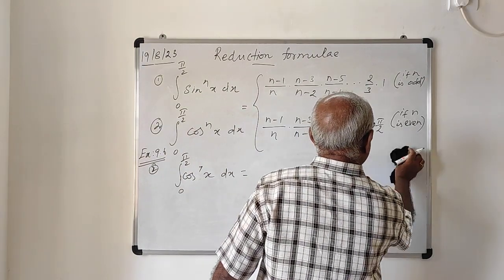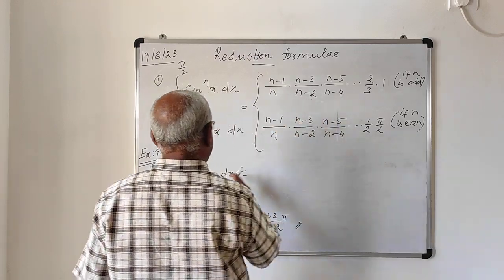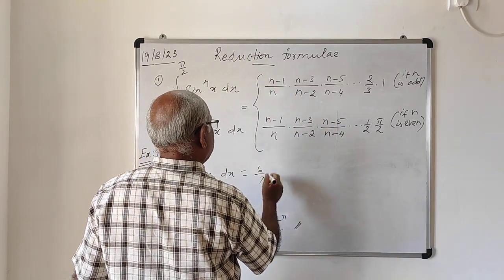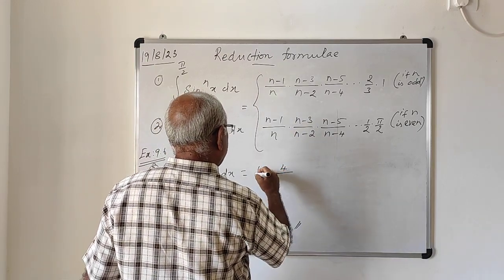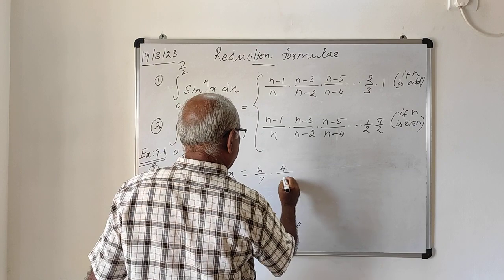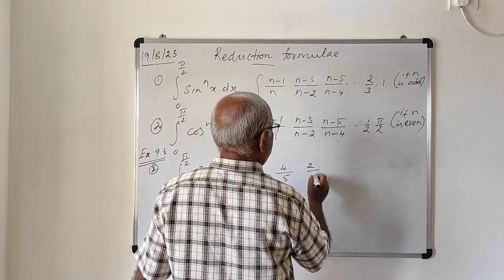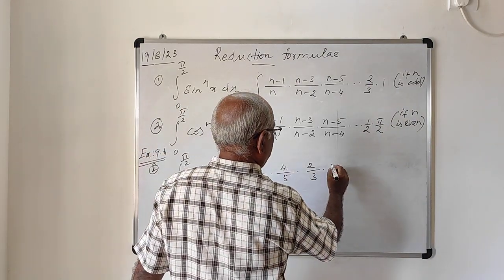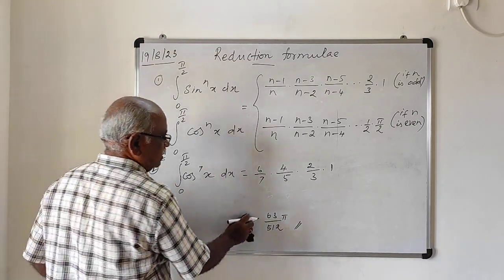Because 7 is an odd integer, we use the first formula: 7 minus 1, 6 by 7, then subtracting 2, 4 by 5, and then 2 by 3, the final term, into 1. The final term is 1. That's all about the answer.